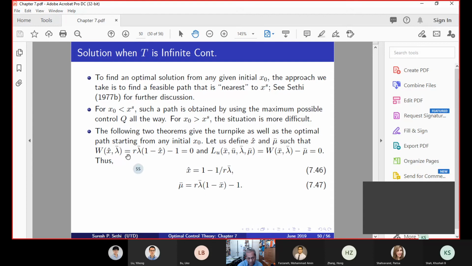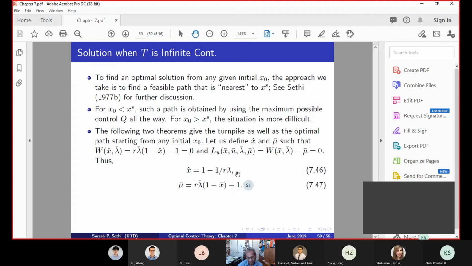So this W is 0 and that Lagrange multiplier is equal to 0. But that one, we already know what mu bar is, right? Because this we can do by the chapter 3 formulation that we had. So now that equation gives us the X hat.